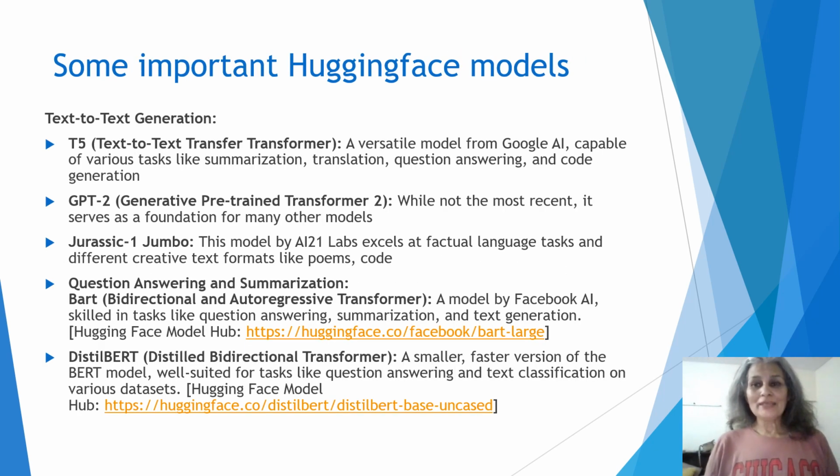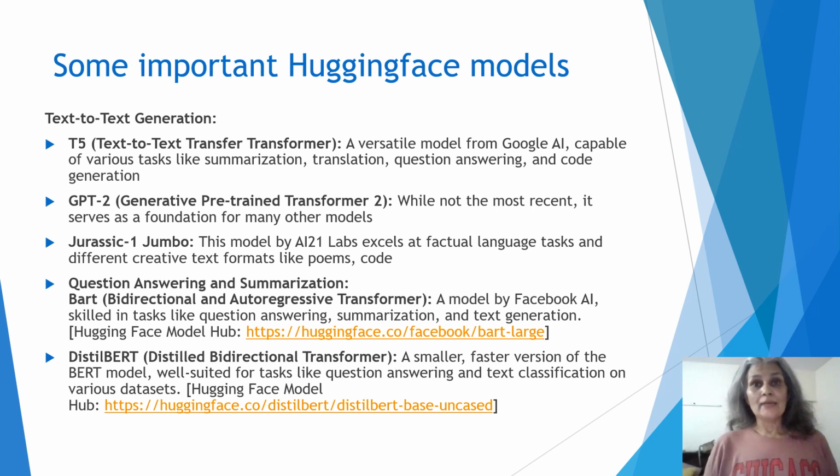Again, continuing with some of the other important Hugging Face models, which have been around for far longer than the models that I just discussed, but are nevertheless very, very strong and can be used and customized for a variety of purposes, include T5, which is text-to-text transformer.